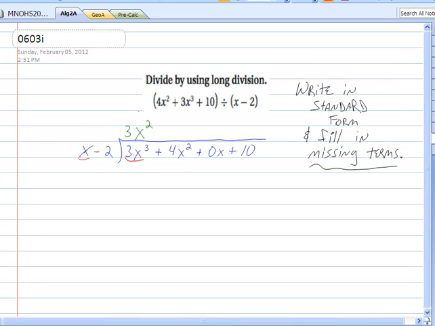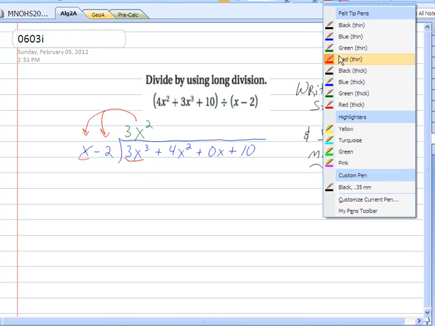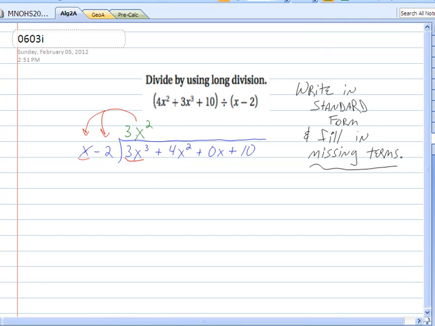And then what you do is you actually take this, and we have to distribute that to the x and to the 2. So when you do that, 3x squared times x will give me 3x cubed, and then 3x squared times a negative 2 will get me a minus 6x squared.